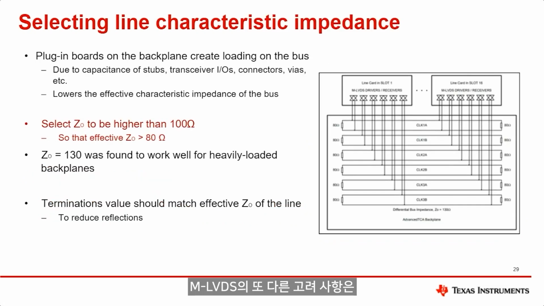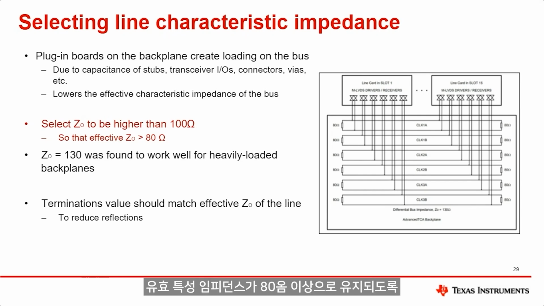Another consideration for M-LVDS is selecting the characteristic impedance of your transmission line. Plug-in boards on the backplane can add capacitance from stubs, the different transceivers, connectors, vias, and essentially will lower the overall effective characteristic impedance of the bus.